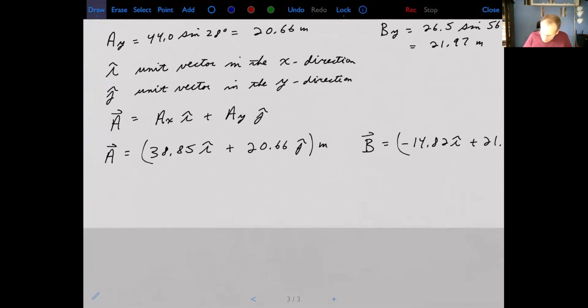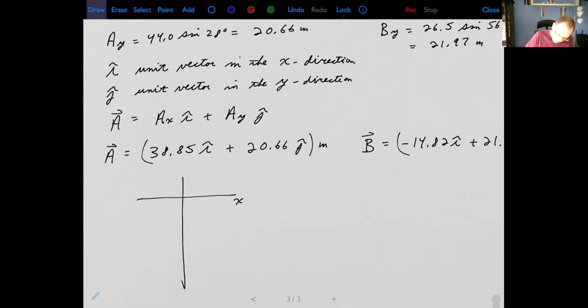But C is actually the easiest one, right? Because, draw this out here. So this is x, this is y. Remember, C is going straight down. It has a magnitude of 31.0. If you want, you could use this angle and plug in sine and cosine, but you don't have to. You can just think about this, right? The x component of C is 0, right?